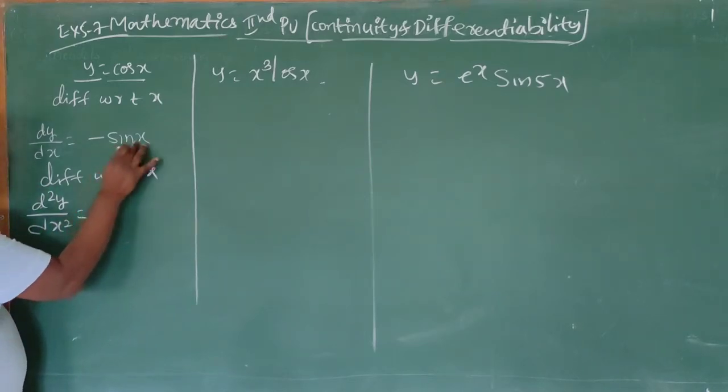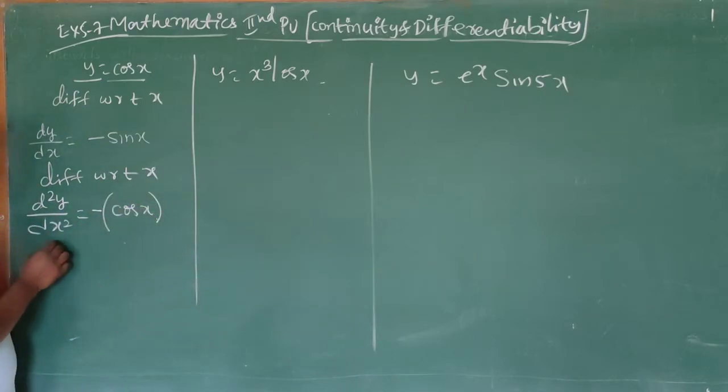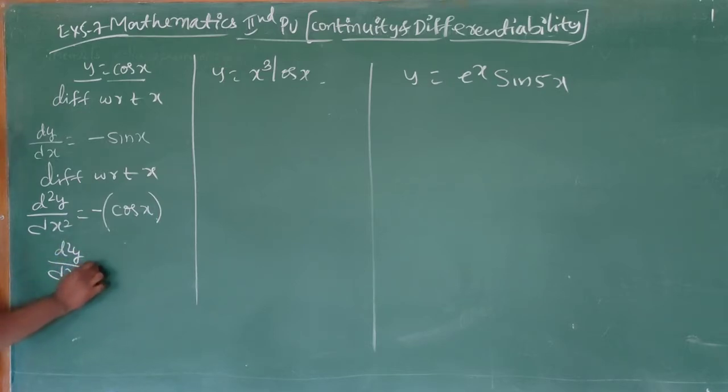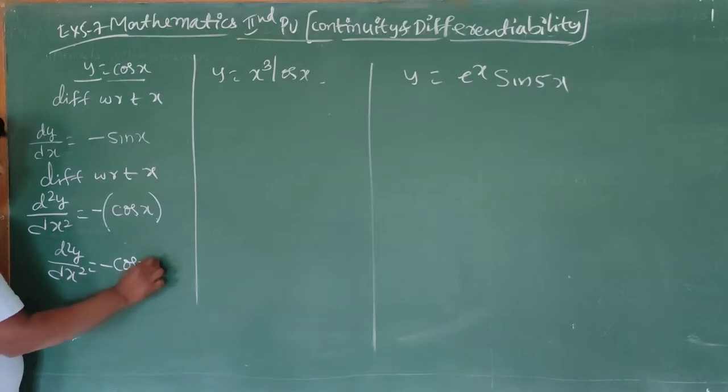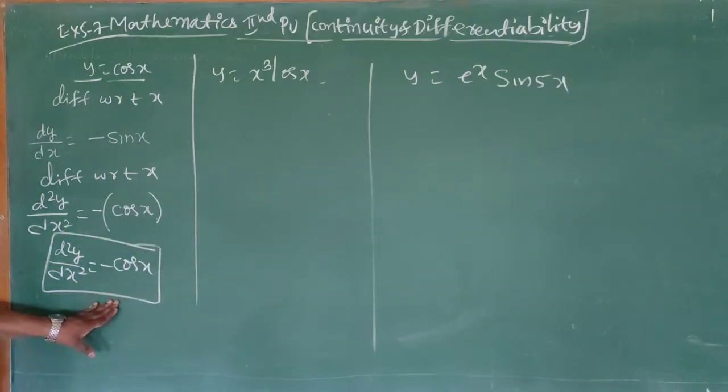Minus as it is, sin x differentiation is cos x. So d square y by dx square is equal to minus cos x. So this is the second order derivative of your given function.